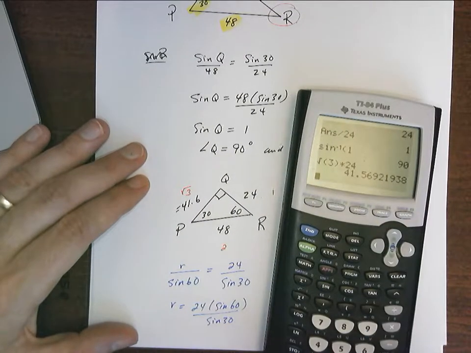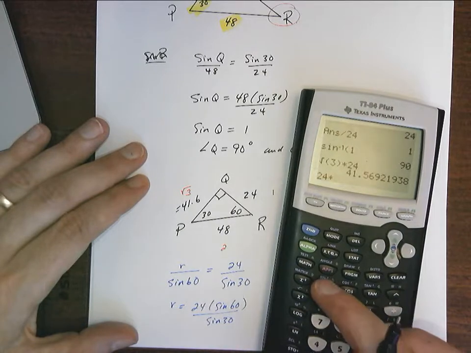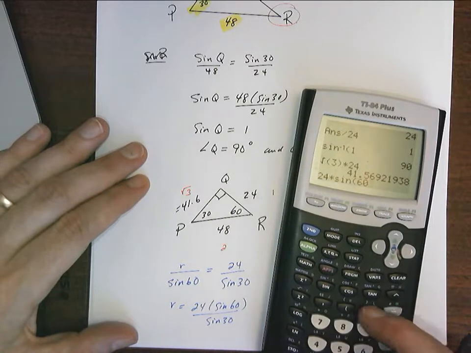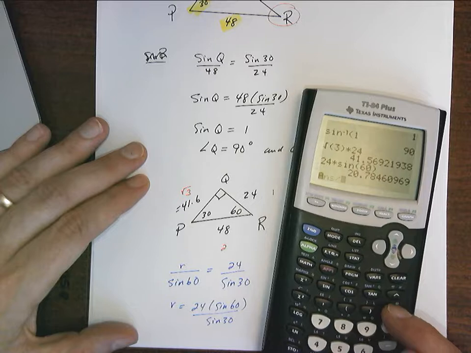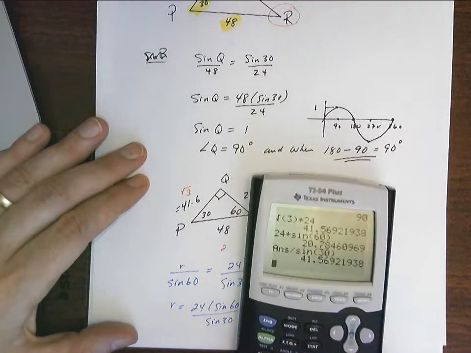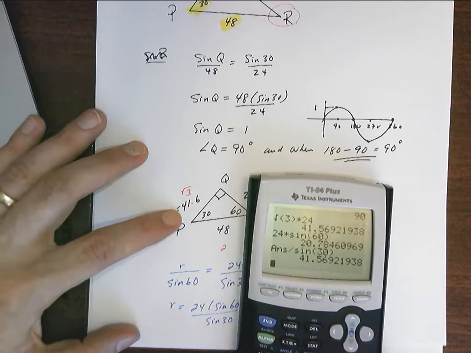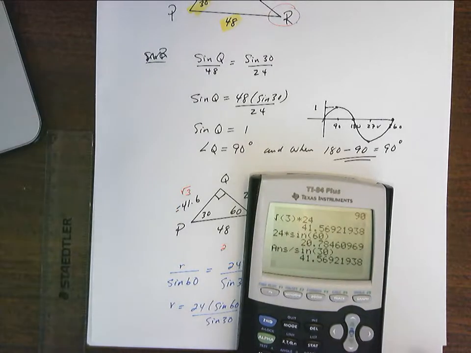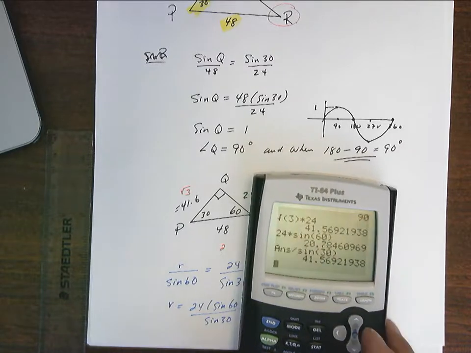Using your calculator, 24 times sine of 60 equals divided by sine of 30 equals, and lo and behold, we get the same answer, 41.6. Cool, so there were 2 ways to do that. Isn't trig fun? That's amazing.